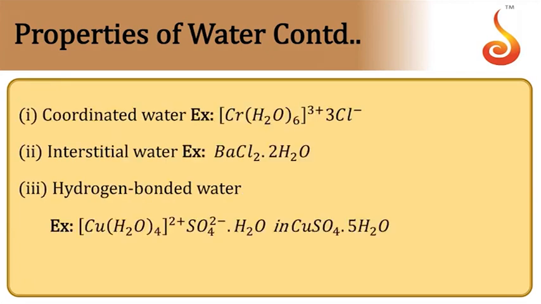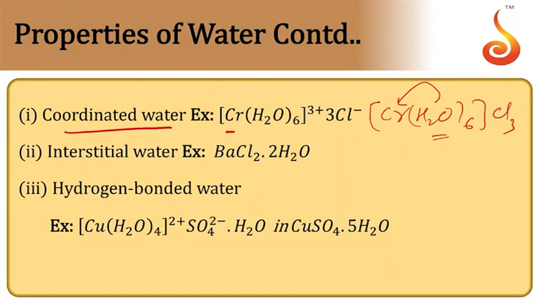In some cases, water forms coordinate covalent bonds with the central metal ion, something like Cr(H2O)6Cl3. In this complex, water forms coordinate covalent bonds with the chromium ion Cr3+. So we can say coordinated water molecules are present in this complex.